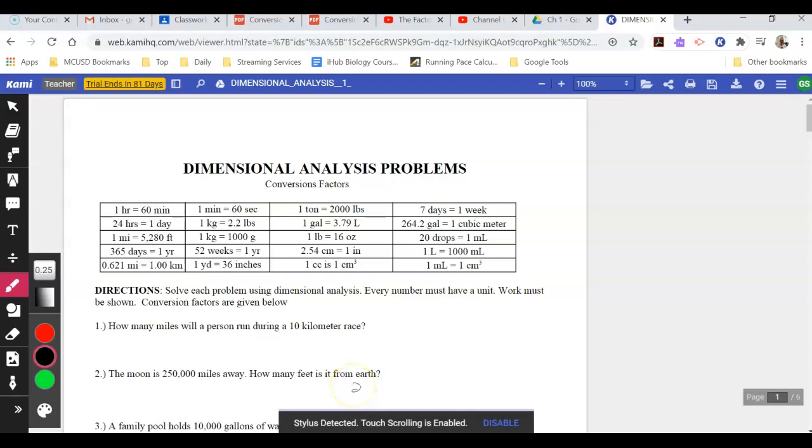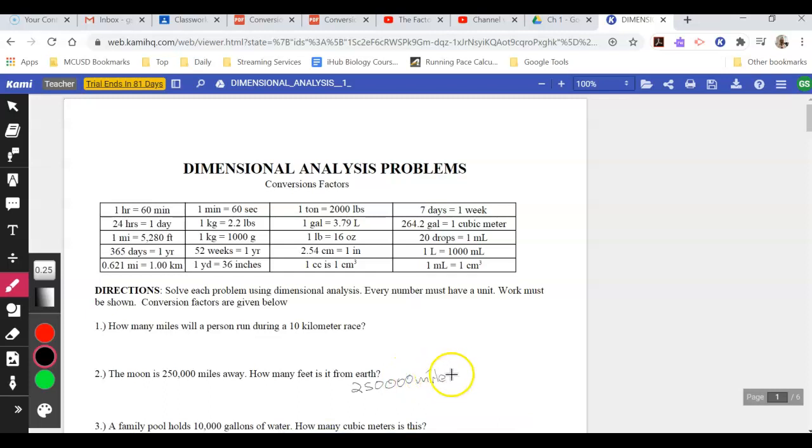So we've got to go 250,000 miles. And we just kind of create our little T-chart here. And you look up in your conversion, and again, a mile is going to be 5,280 feet. So again, you would put 1 mile is 5,280 feet.